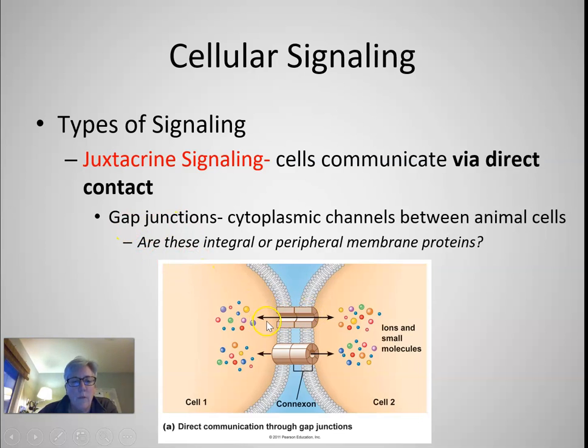One example is called a gap junction, which is a channel between animal cells, so things can go directly from one cell to another, like signaling molecules can go from cell 1 through this gap junction into cell 2, and they can act as signaling molecules. So juxtacrine signaling is direct contact between the signaling cell and the cell receiving the signal.